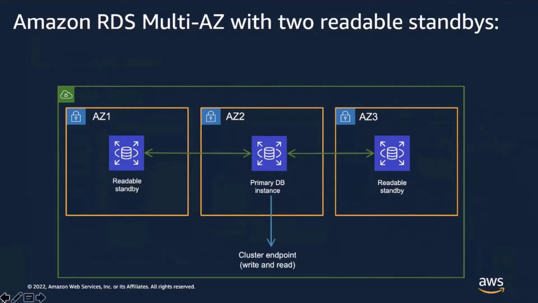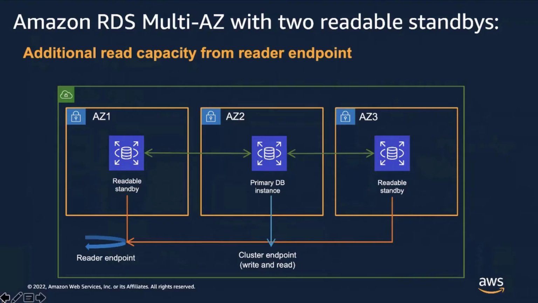In this deployment option, we provide two different cluster endpoints. So we have a writer endpoint as well as a reader endpoint. The writer endpoint is connected to the primary database instance, and the two readable standby instances are load balanced and connected to the reader endpoint.